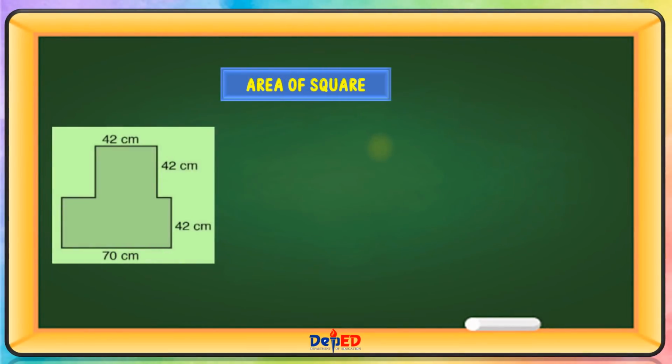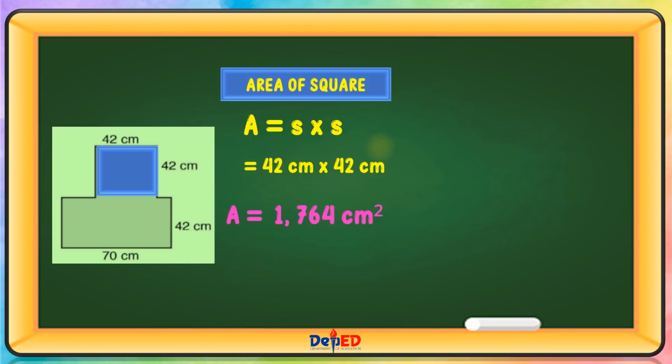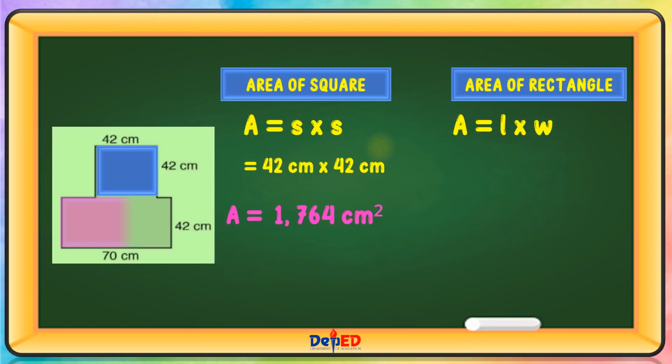Area of square. Ang ating formula ay side multiply by side. 42 times 42 equals 1,764 square centimeters. Area of rectangle na may formula na length times width.